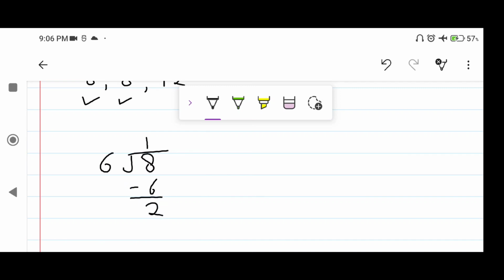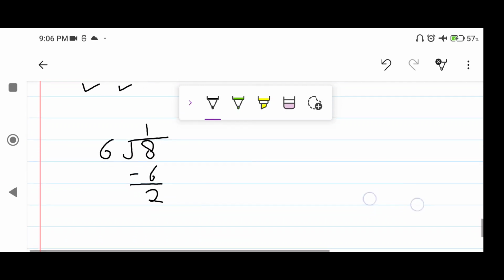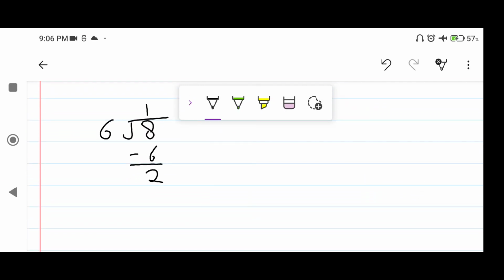So the remainder is not 0, and we have to continue dividing. Now 2 is the new divisor, and the dividend is the previous divisor, that is 6. So 2 3s are 6 and this brings us to remainder 0.